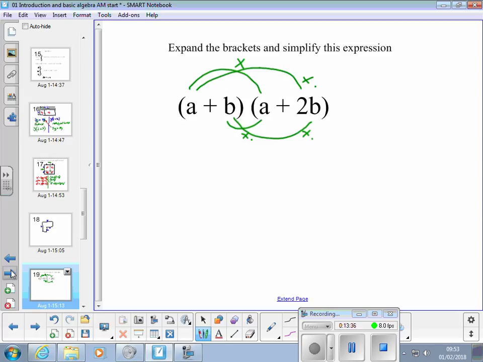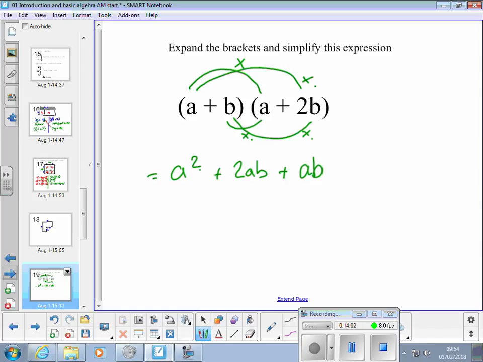without simplifying straight away. So we go a times a is a squared. A times 2b is 2ab. B times a is ab. It is normal to write the letter variables in alphabetical order, but not absolutely necessary.